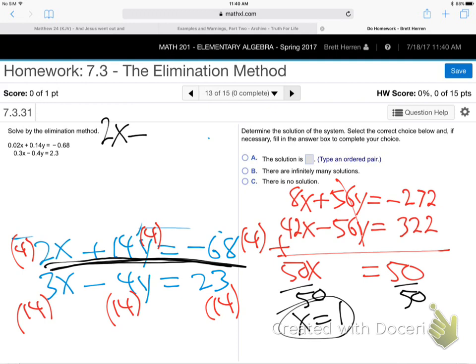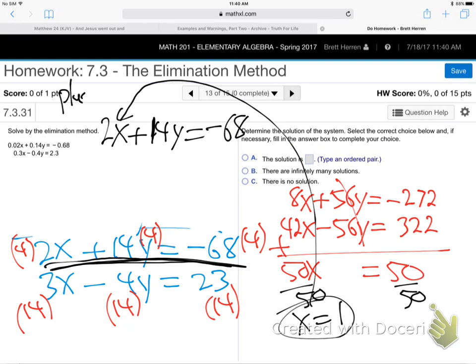So 2x plus 14y is negative 68. Take that x equals 1. Plug in x is 1 right there. So 2 times 1 plus 14y is negative 68.